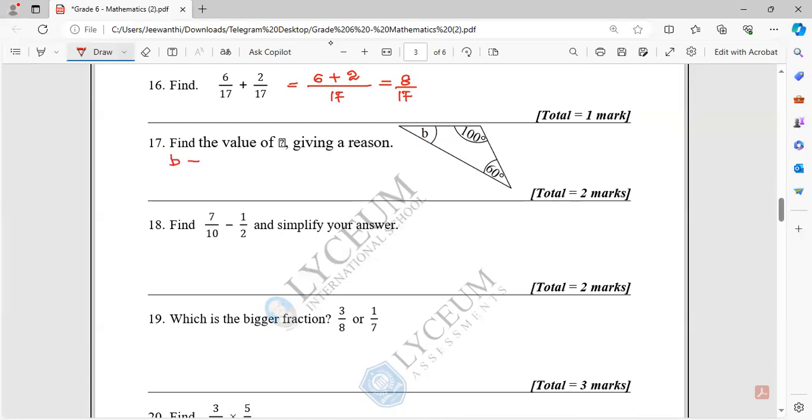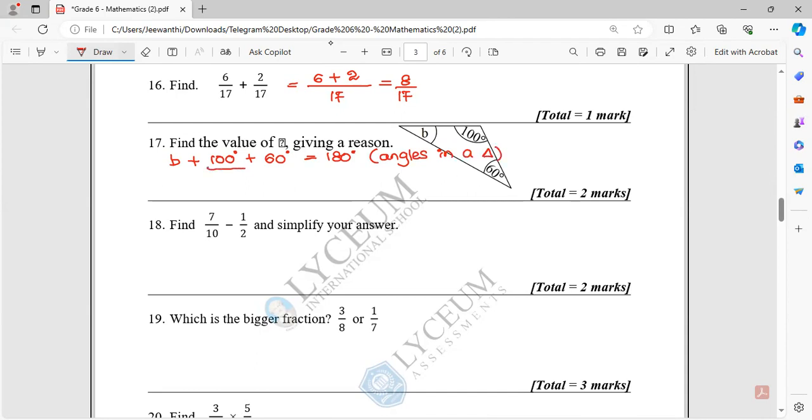B plus 100 degrees plus 60 degrees equal to 180. How did I get this relationship? I want to write the reason: angles in a triangle.